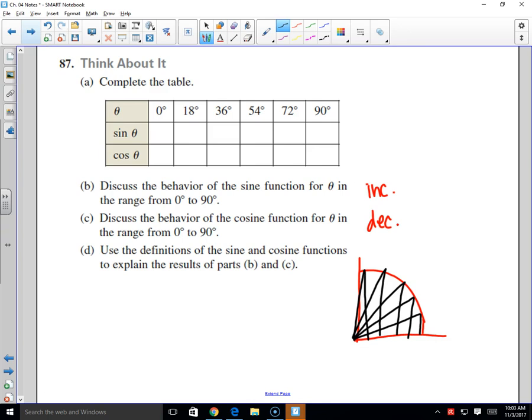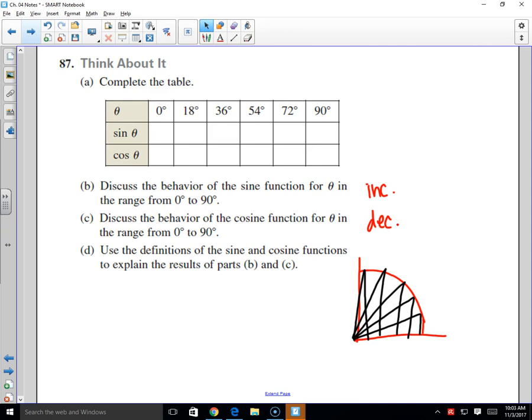The adjacents are getting smaller. Adjacent, who's adjacent? Cosine. And then what's getting bigger? Opposites, which are sine. So it just makes sense from the triangles that are fitting. Okay, with that, I think that finishes 87. Does that make sense? Okay.